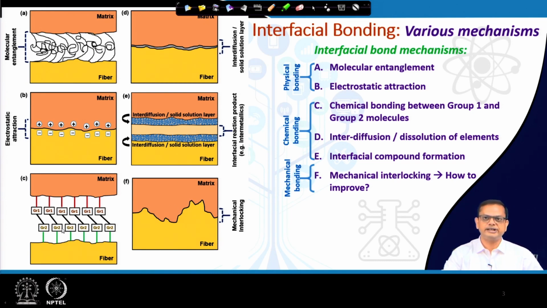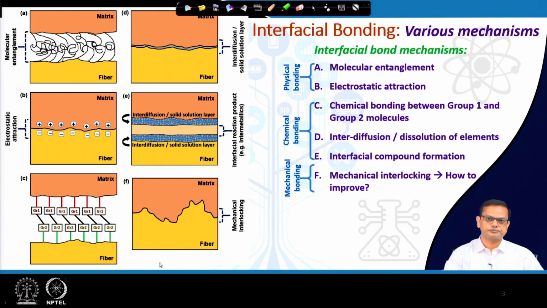For example, in this particular case, two groups of molecules are actually reacting at the interface, in case of polymer materials. Similarly, here we are seeing atomic diffusion or atomic dissolution taking place between the two phases, and in this particular case we are seeing that ultimately there is some kind of chemical reaction at the interface, and all this falls under the category of chemical bonding.